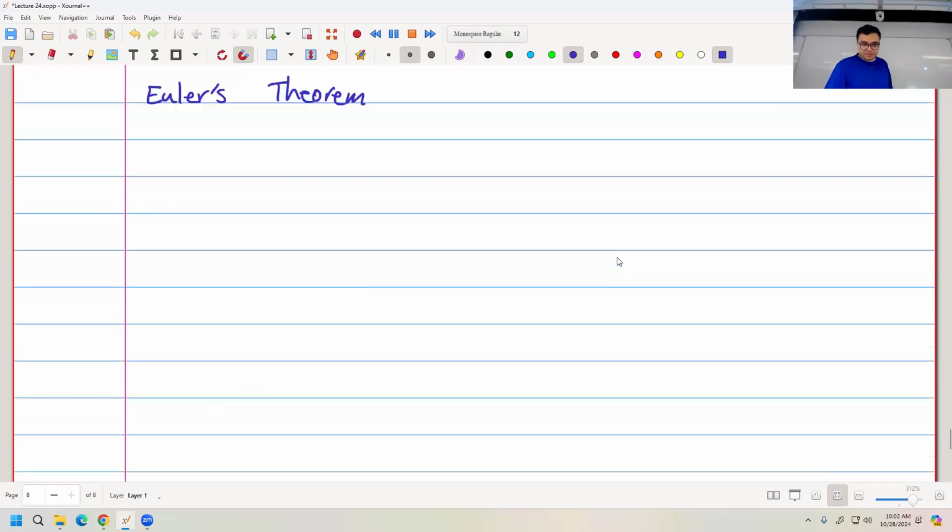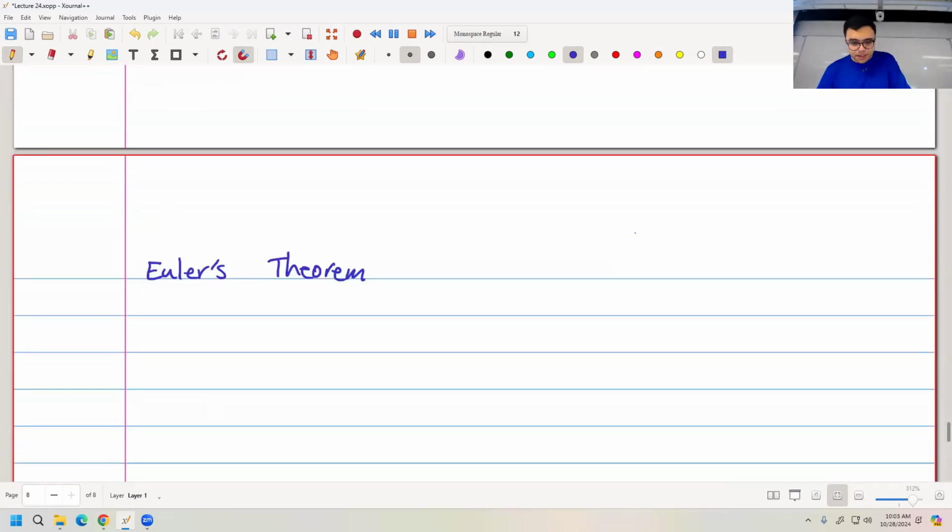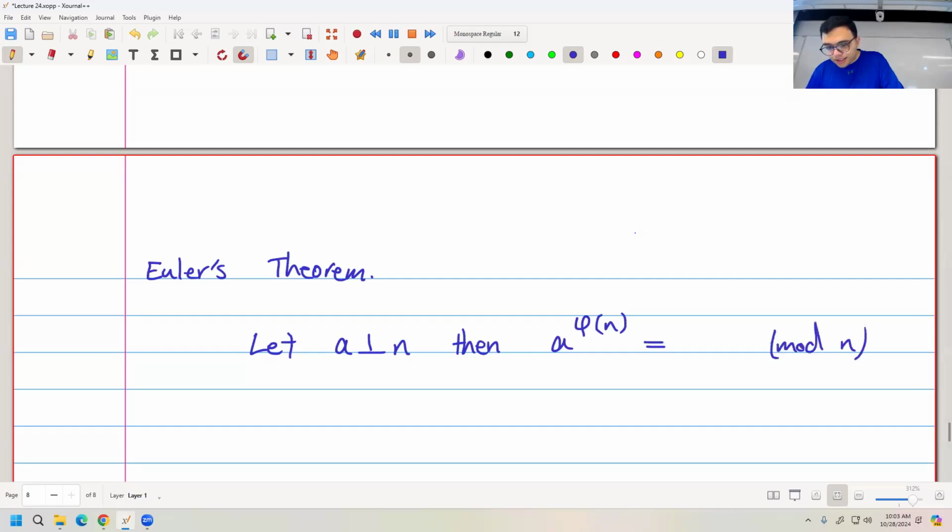So this is Euler's theorem. I want to say, let a be relatively prime to n, then a to the power of phi of n is what modulo n? 1. Okay.